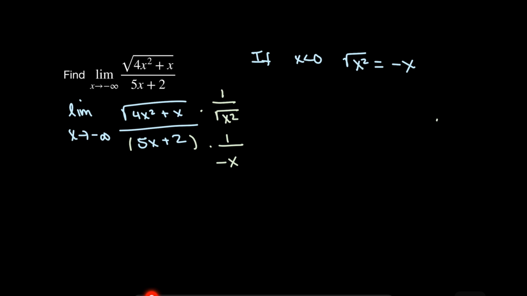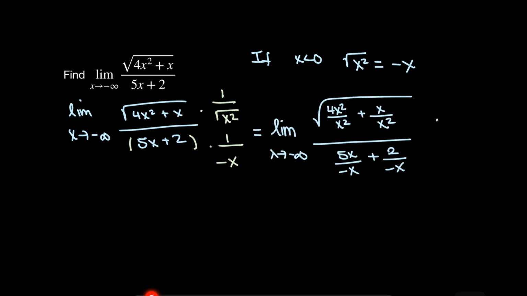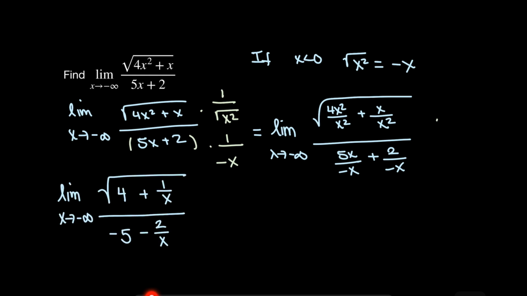So I'm going to take my numerator, divide by square root of x squared, and I'm going to take my denominator and divide by negative x. So now I've got limit as x goes to negative infinity, square root 4x squared over x squared, plus x over x squared, and then in the denominator, 5x divided by negative x, plus 2 divided by negative x.